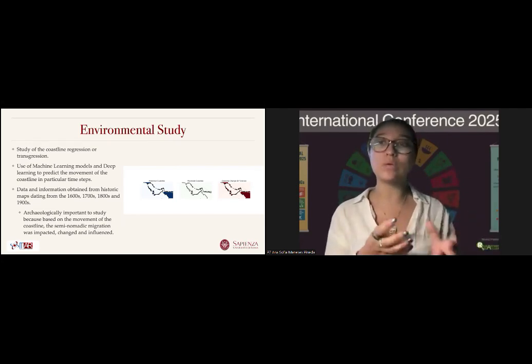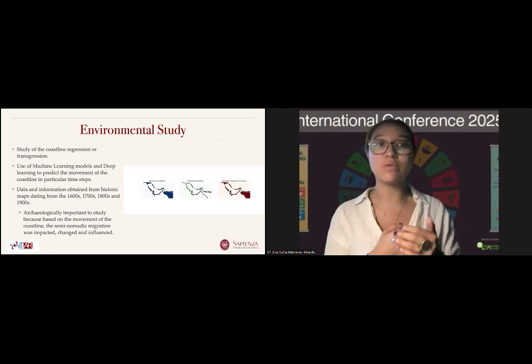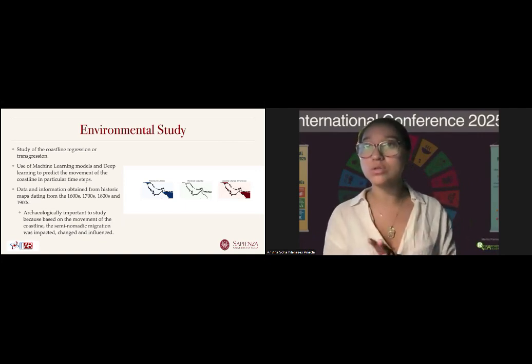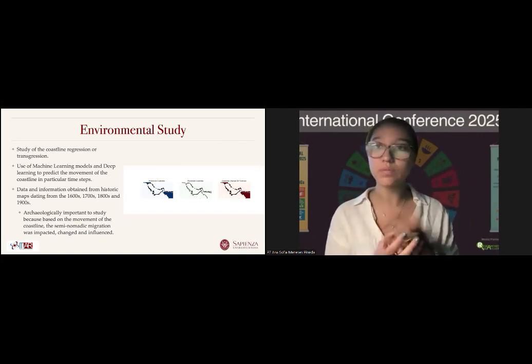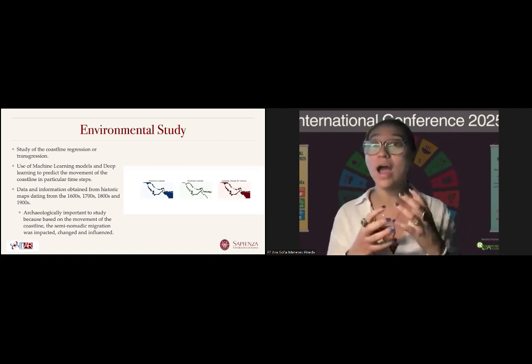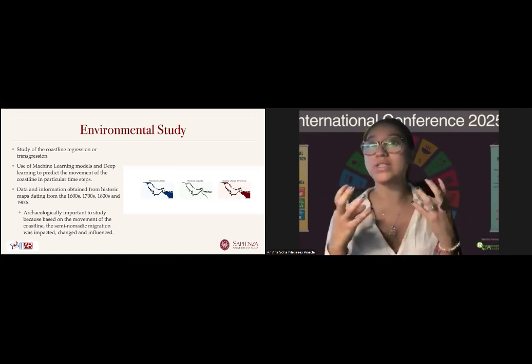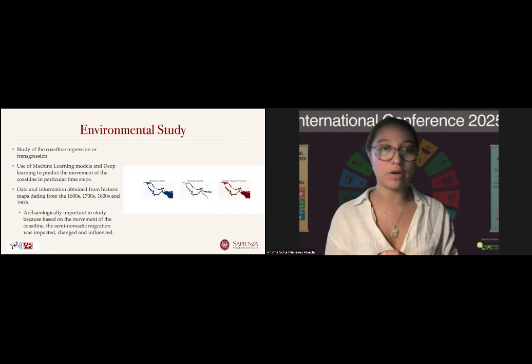Then we passed all of those through a machine learning, deep learning model that predicted the movement of the coastline. And we also inserted sea data in order to see how significant the change of the coastline was during the time scope, which would be the Bronze Age and Iron Age.